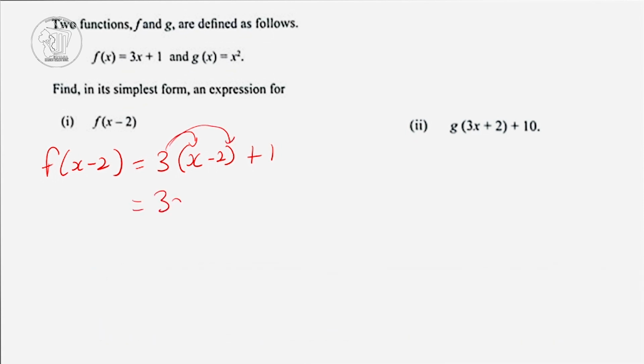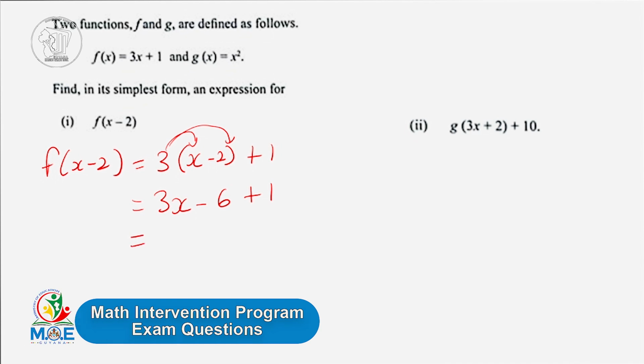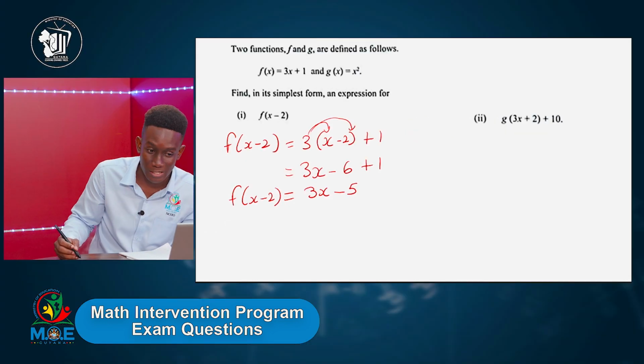So 3 times x would give me 3x. 3 times negative 2 would give me a negative 6. And then we add 1 there. So this will be 3x negative 6 plus 1 would give me a negative 5. So f of x minus 2 would be 3x minus 5. And that is how you work with that kind of question.